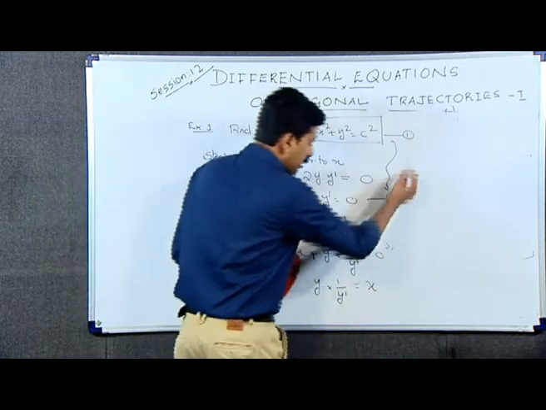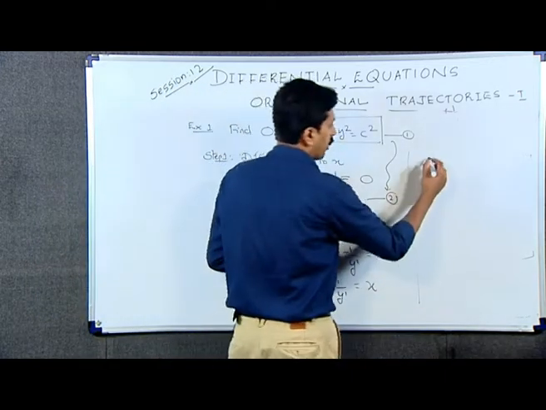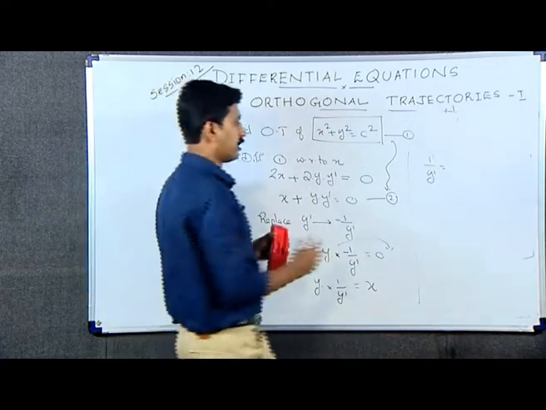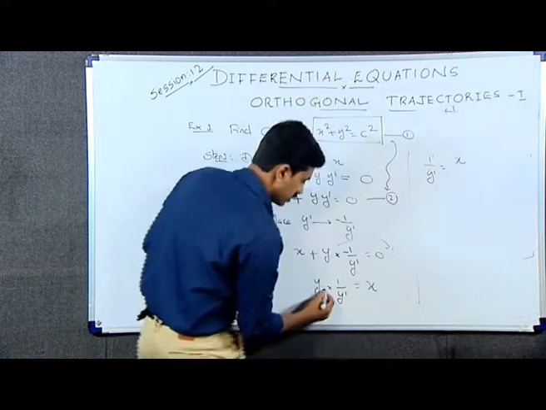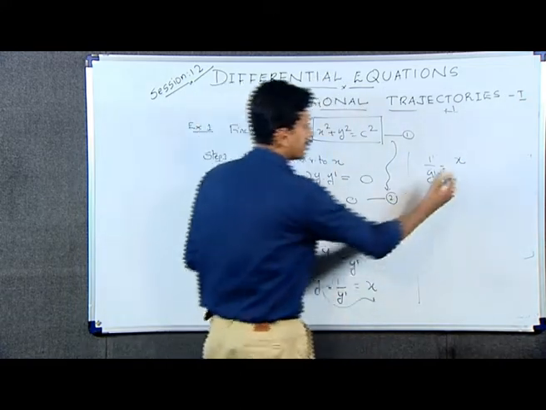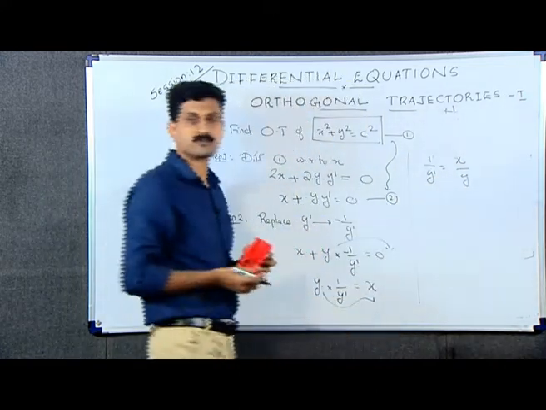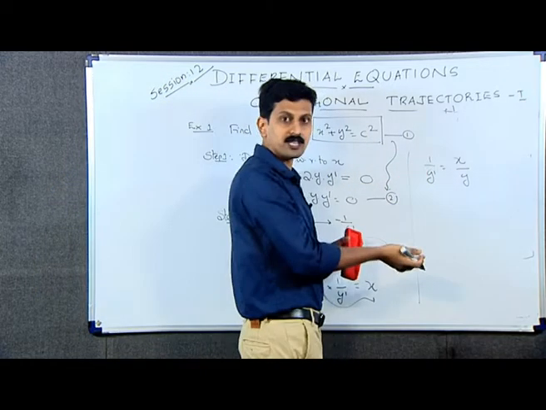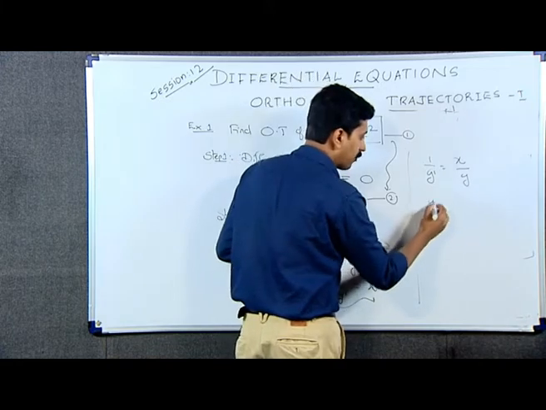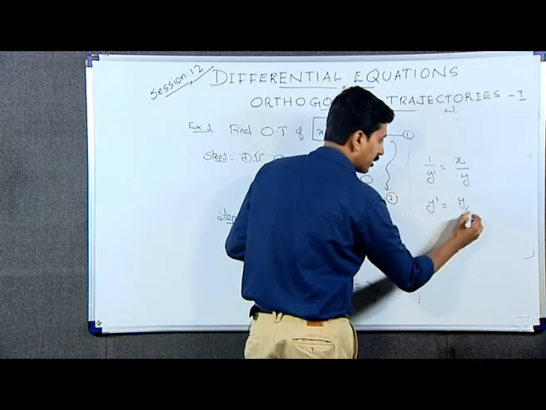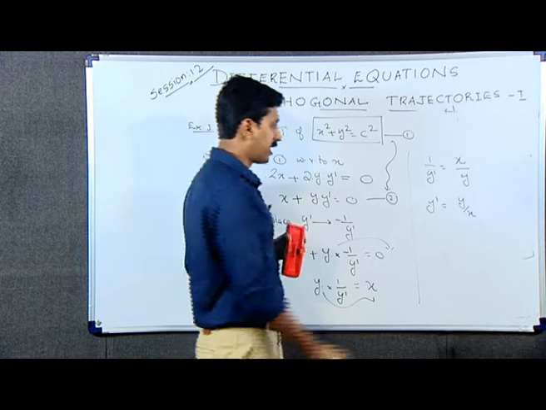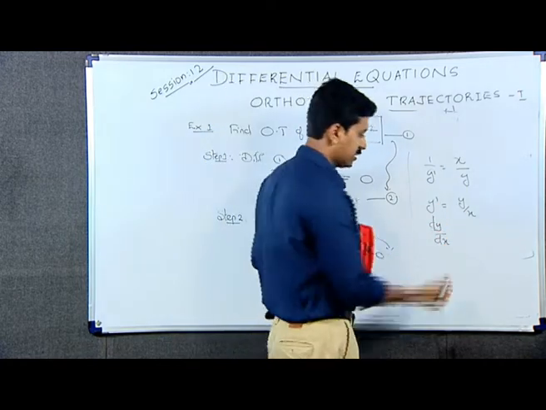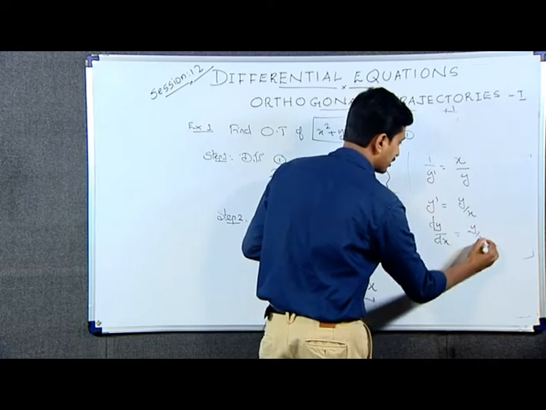See, this is 1 by y dash is equal to x divided by y. Therefore, we can take the reciprocal on both sides. See what will happen: y dash is equal to y by x. Y dash means dy by dx, so dy by dx is equal to y by x.